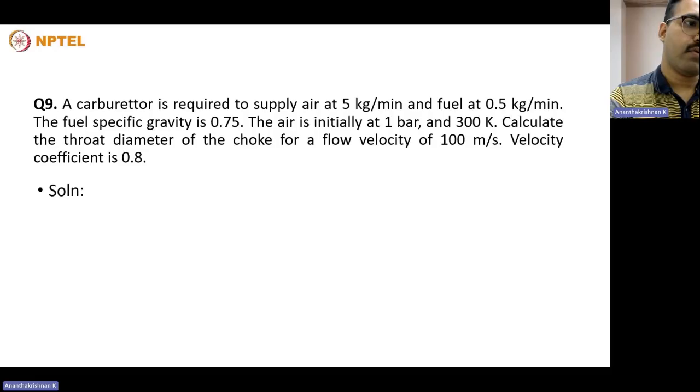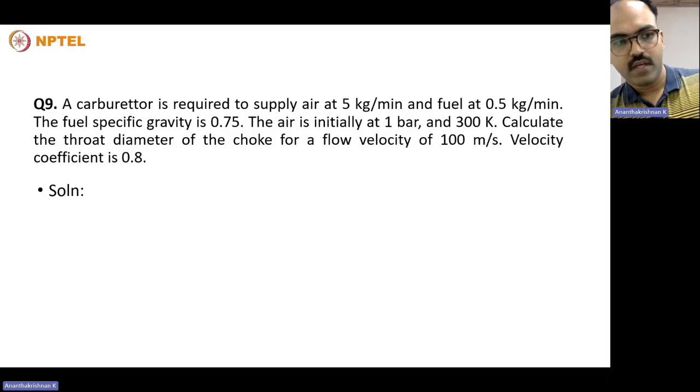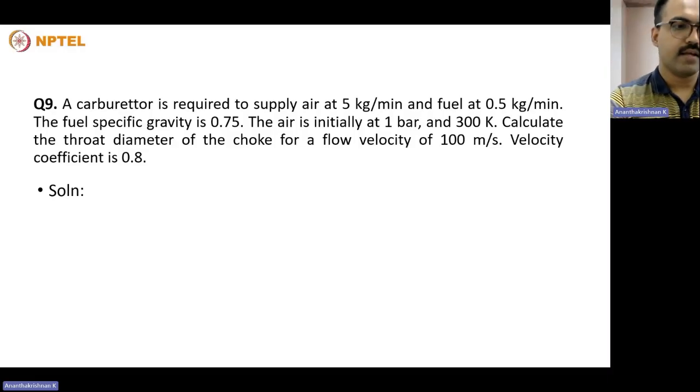And we have to calculate the throat diameter of the choke for a flow velocity. It's very straightforward. We have to actually find the velocity of the air at the throat. We know the velocity coefficient of 0.8.